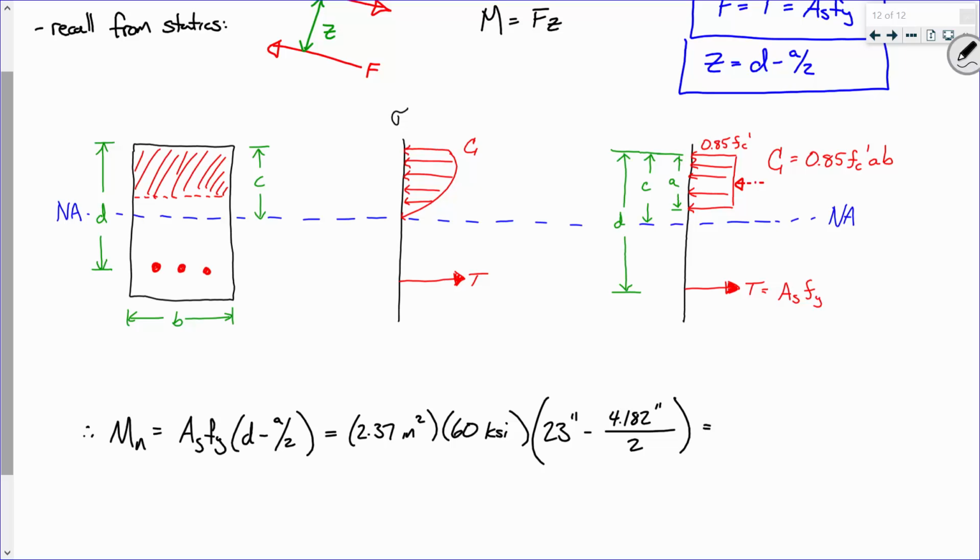Now, before we do anything with the calculator, when we plug and chug, what are the units going to be in? Inch-kips, right? Because it's all kips and inches, and it's a moment, right? You can follow it along, because square inches times ksi will give you kips, and then kips times everything in here, which is inches, so inch-kip. So what do we get? 198.